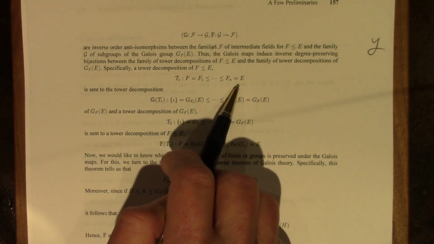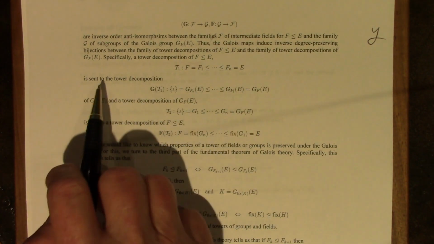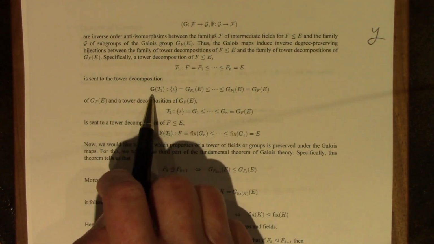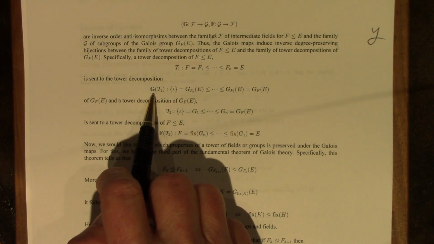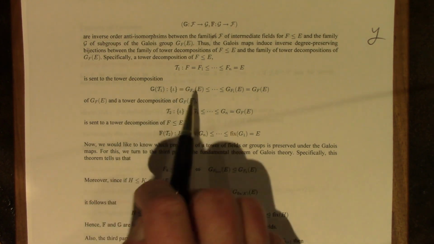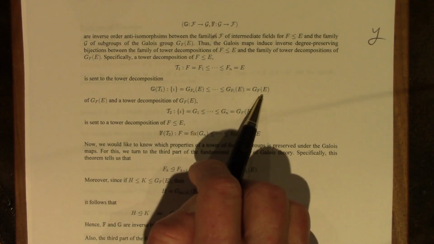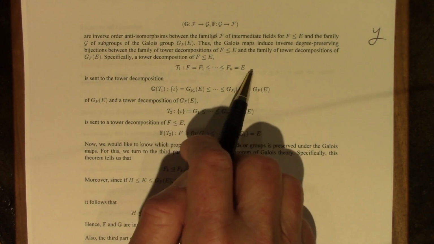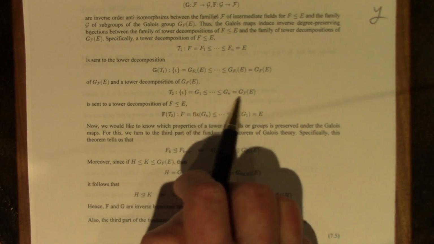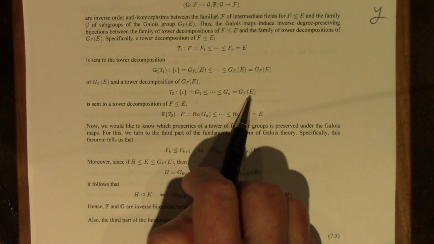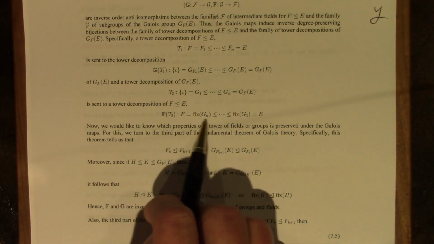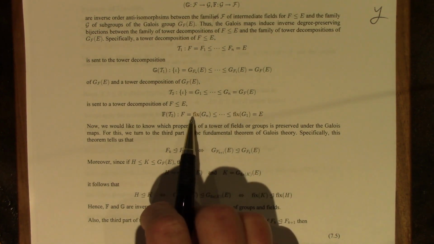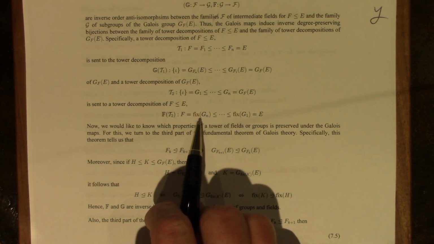Haven't done this before, but haven't had a reason to. This is sent by the Galois group map, G of T1, to this tower. I just apply the Galois group map to each term in this tower. And a tower decomposition of the Galois group is sent to this tower by the fixed field map.